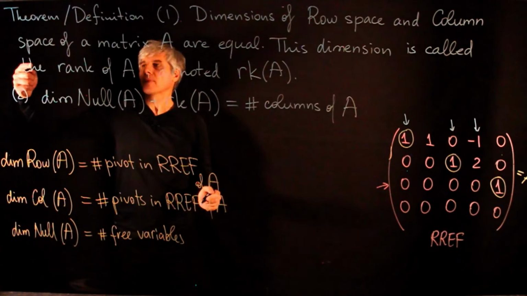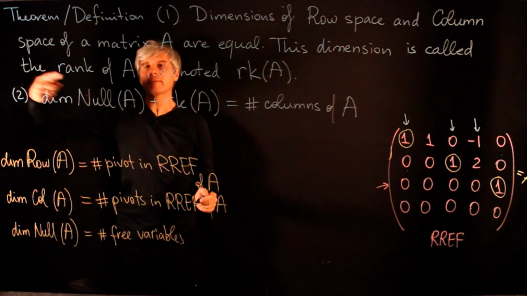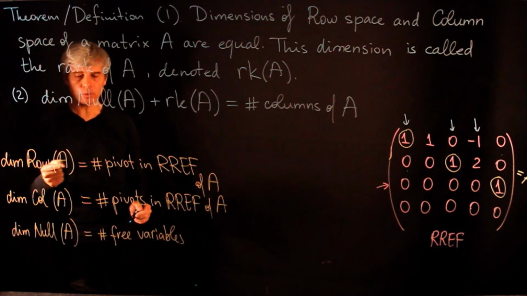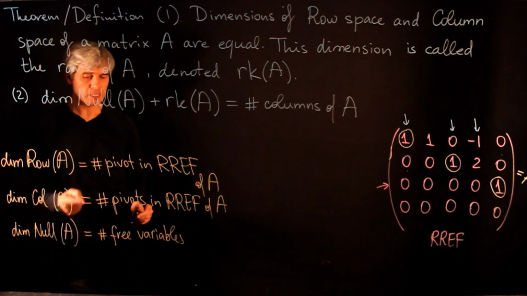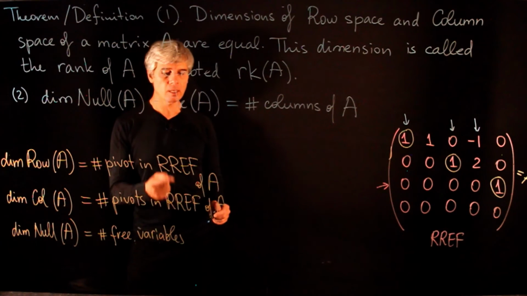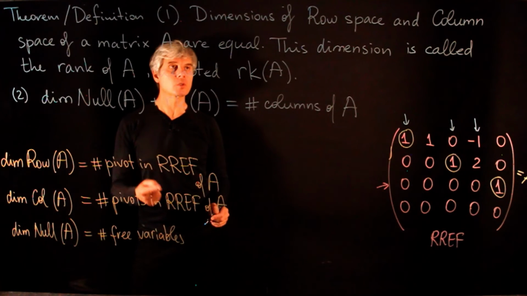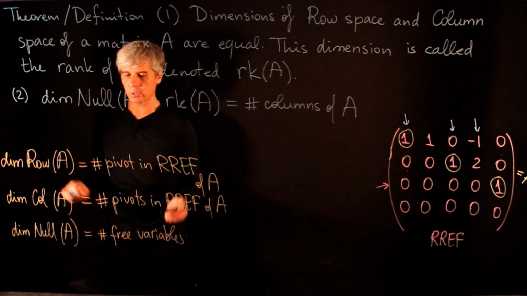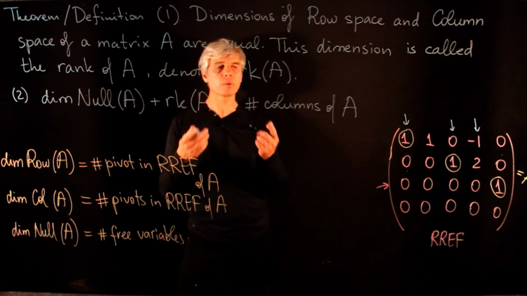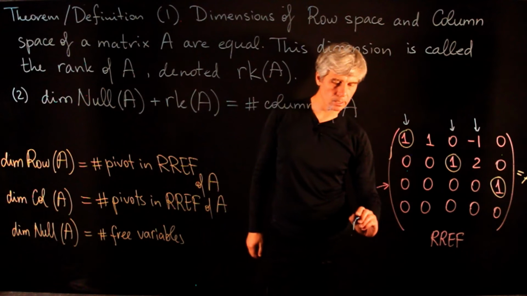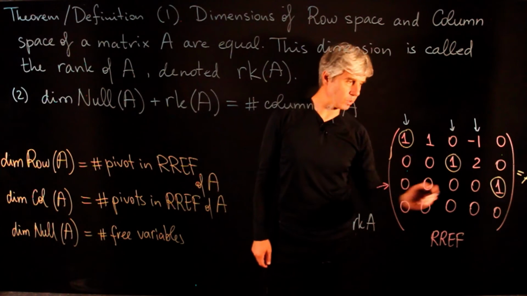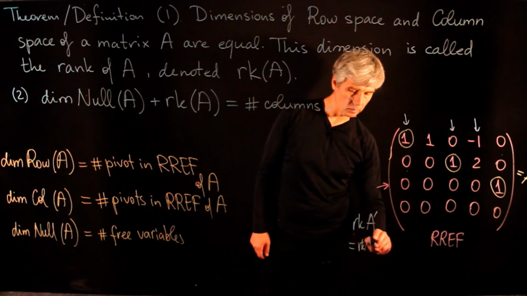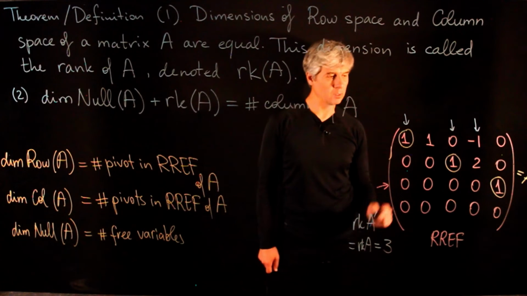For the proof, the first part follows from the fact that here we established that the dimension of the row space and the dimension of the column space are both equal to the number of pivots in reduced row echelon form of A. So this tells us that these two dimensions are the same, and this number is called the rank. So for example, for this matrix, either A prime or A, these two matrices had rank 3.